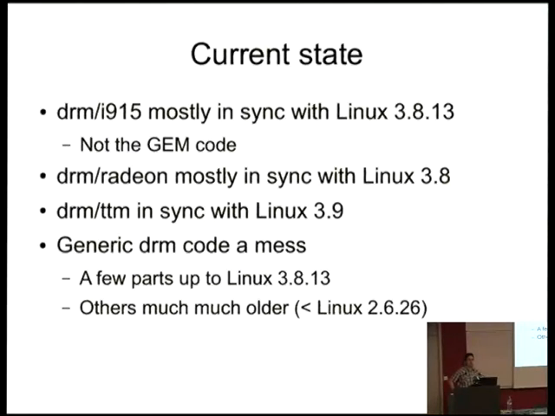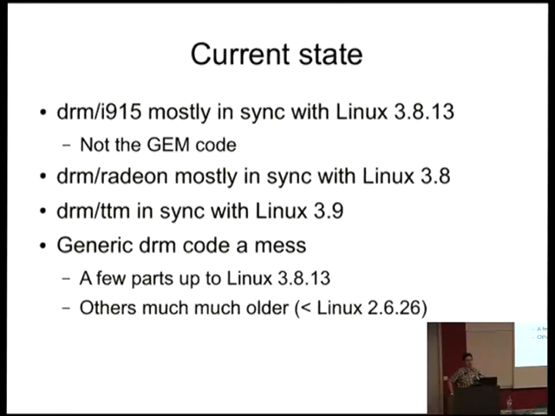So right now, we have the DRM i915 driver, mostly in sync with Linux 3.8.13, except the gem code. Well, it's mostly a matter of speed at this point in time. Everything is functionally equivalent to Linux, at least for the most important parts. We have DRM Radeon, mostly in sync with Linux 3.8, which is the same version of the Radeon driver which is in FreeBSD.